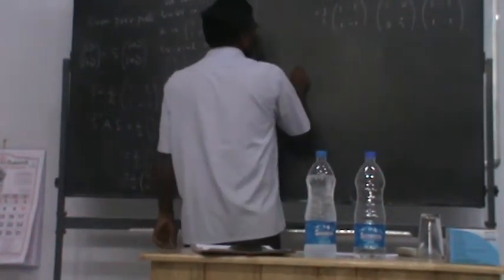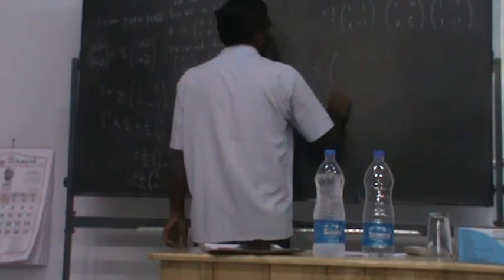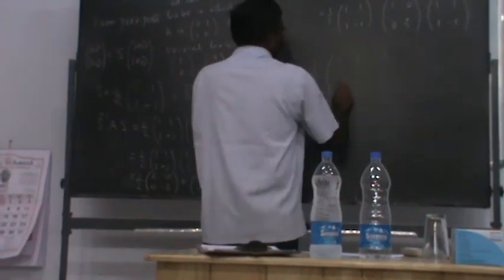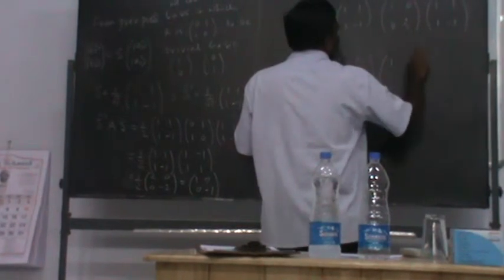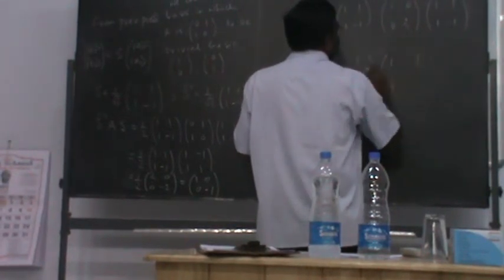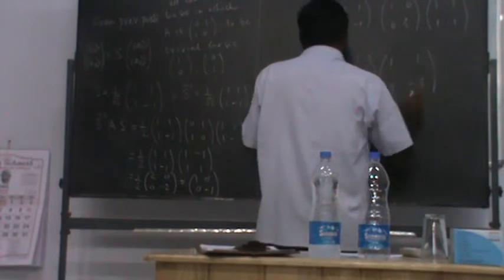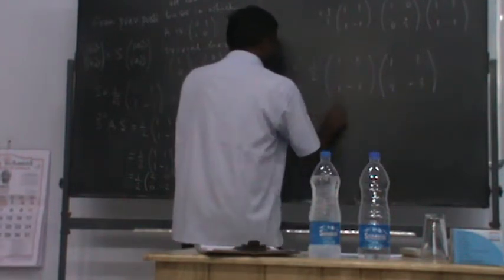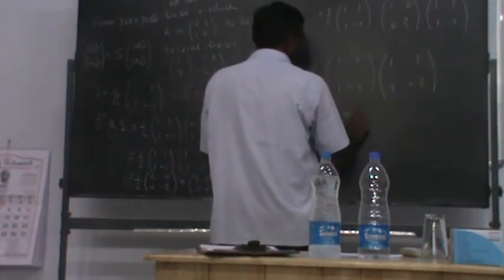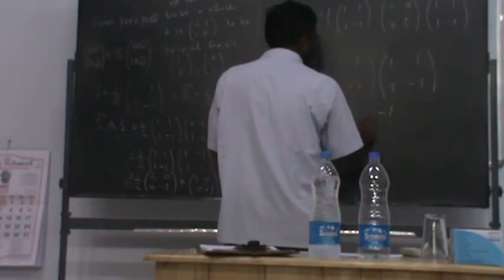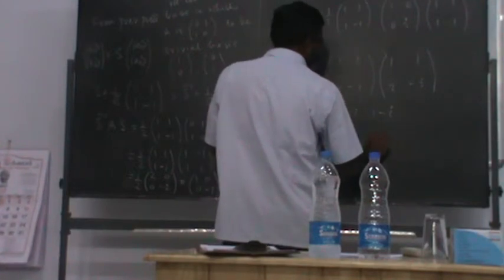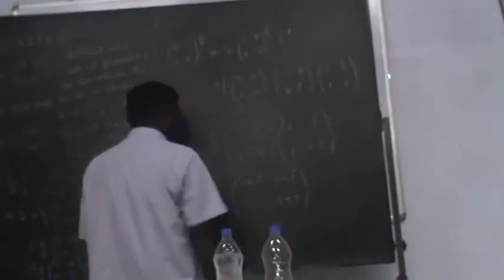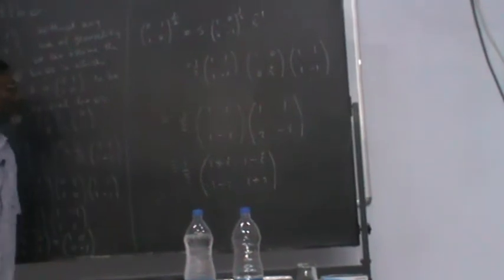So that gives rise to 1 over 2 into [1, 1; 1, -1], this is [1, 1; i, -i]. So that gives you 1 by 2 times [1+i, 1-i; 1-i, 1+i]. So this is the matrix that corresponds to the square root of it.